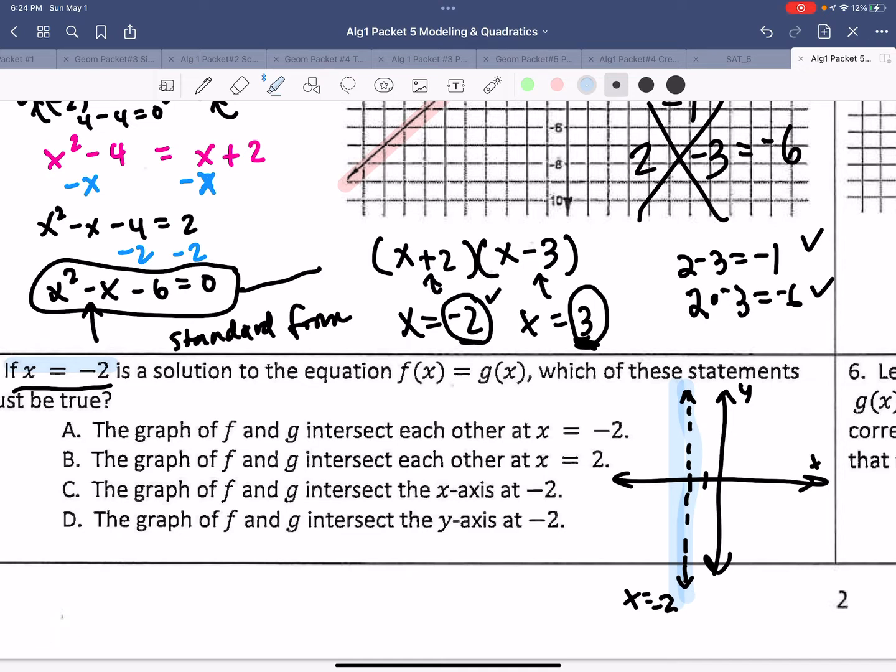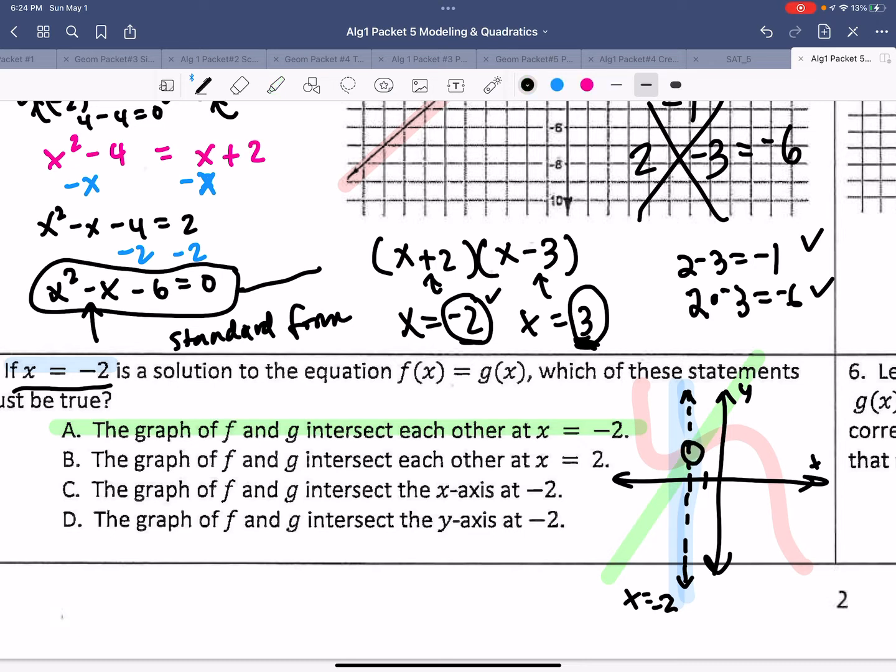There it is. Now it says if that's a solution to the equation f of x equals g of x, which of these statements must be true? So that means these two must touch at this line, has to. Then the graph of f and g intersect each other at, ooh, I like this. Okay, this seems to be saying, so I don't know where this one is. Maybe it's going like this, and I don't know where that one is, but they definitely meet here.